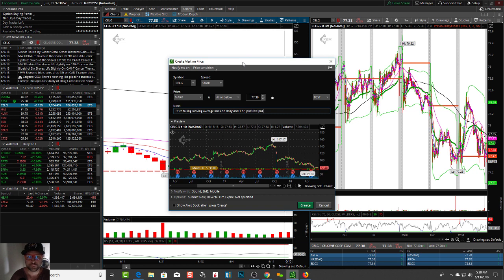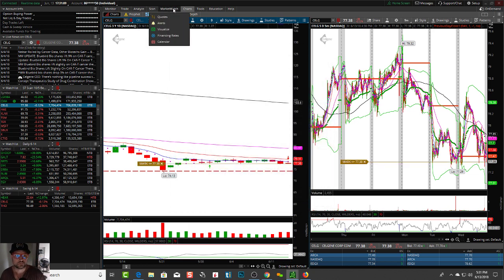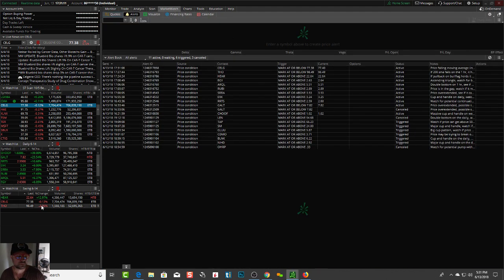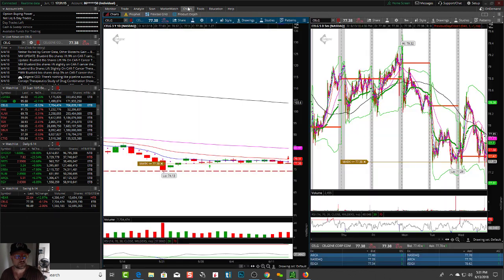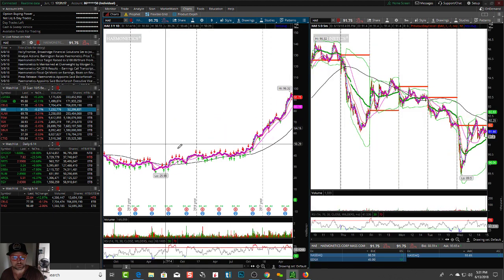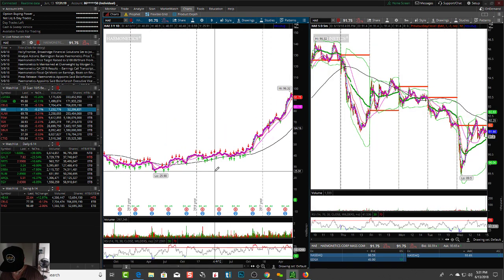Possible put, with support around 74. CELG, THO. All right, there we go. Let's take a look and see if there's any more.